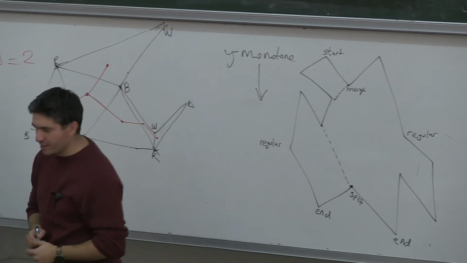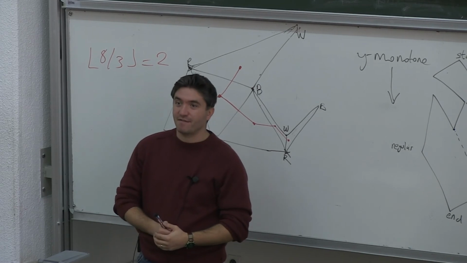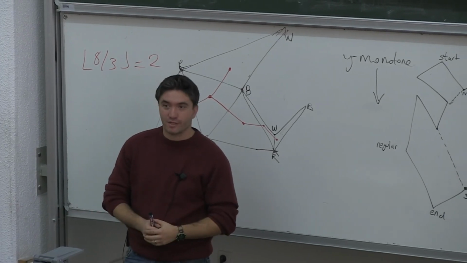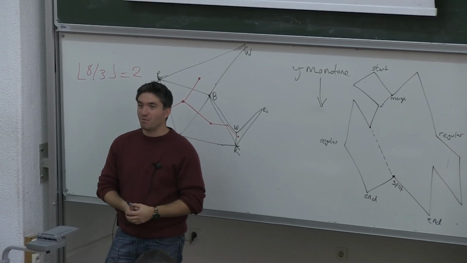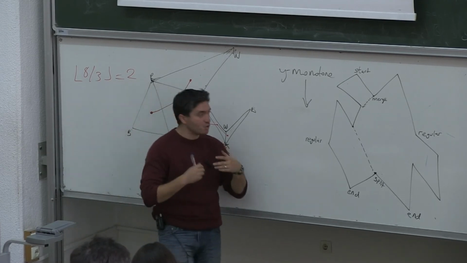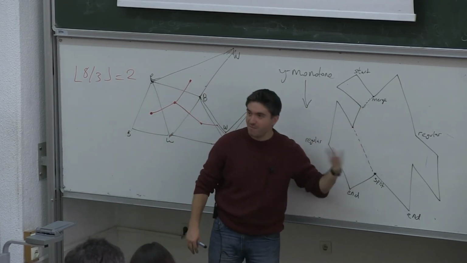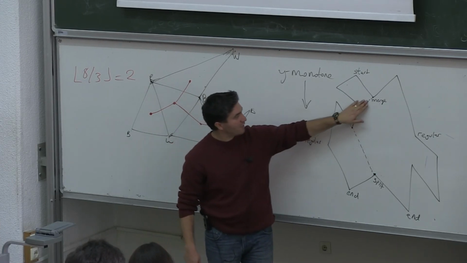There's a lemma in the book that says that if a polygon does not have a split or a merge vertex, it is a Y-monotone polygon. So if there are no turn vertices in our polygon, the polygon is monotone. Our goal is to get rid of these.